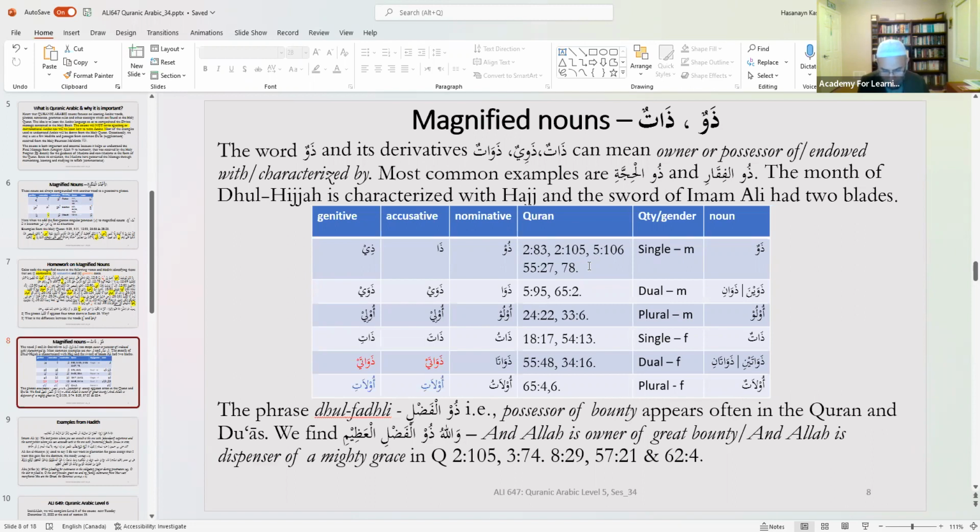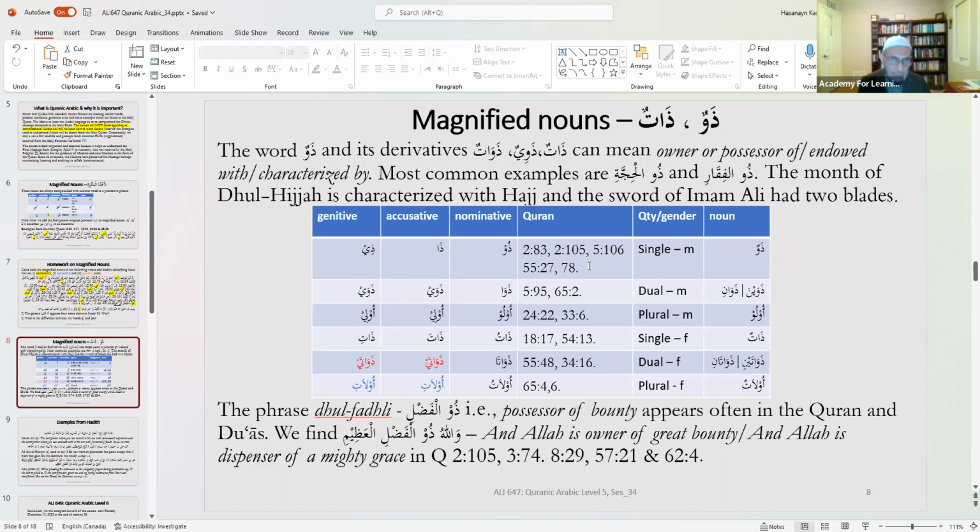Tabaraka Ismu Rabbika. So here Rabb is what? You're right, Rabb itself is Mudaf. Ismu Rabbika, name of your Lord, right? Tabaraka Ismu, blessed is the name of your Lord. Dhul Jalal wal Ikram. Because Rabb here is Mudaf ilay of Ismu, and Dhul Jalal wal Ikram is describing.